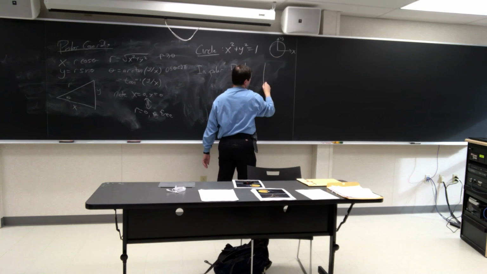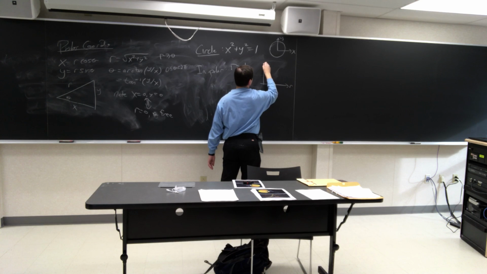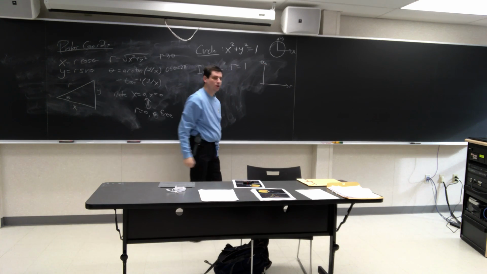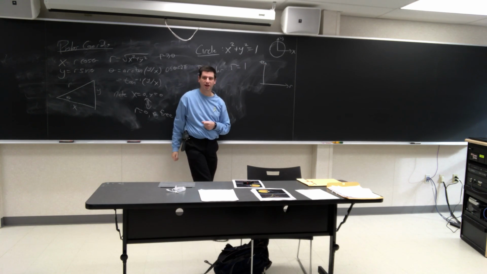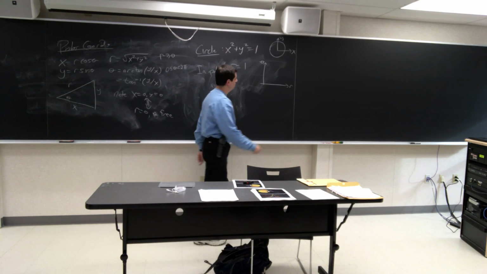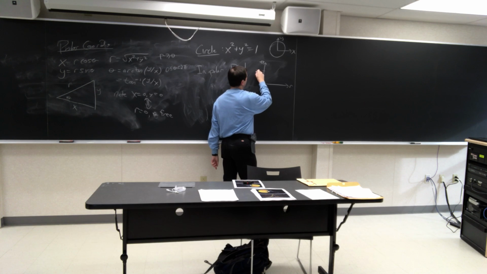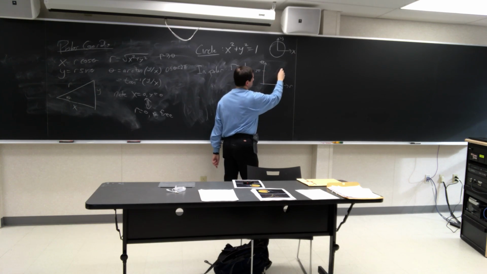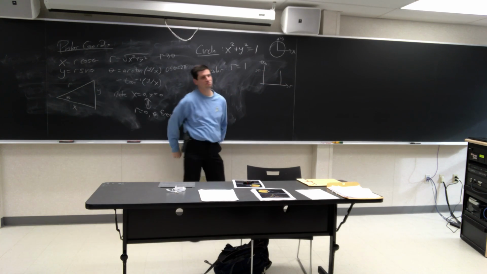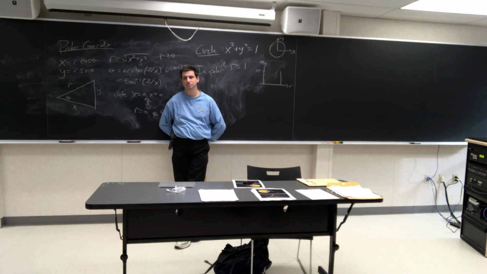I want to graph it now in r theta space. What does a circle look like in r theta space? It's a line. r equals 1. So here's 2 pi. That's a circle. That's what a circle looks like in polar coordinates.